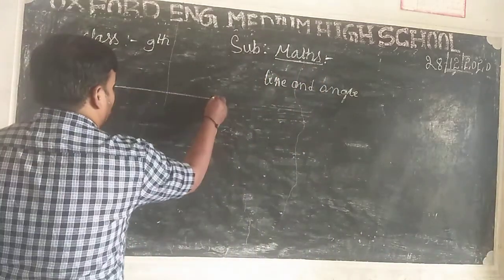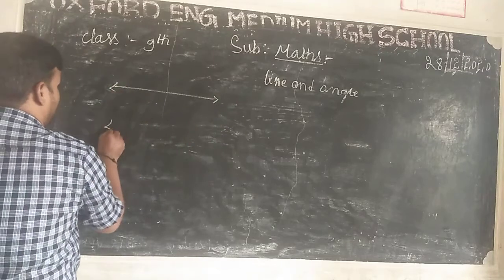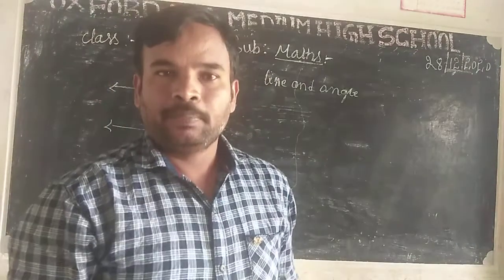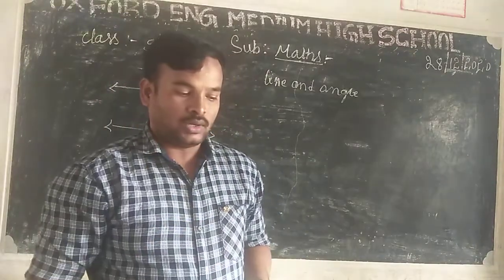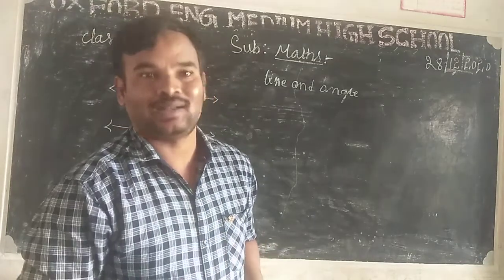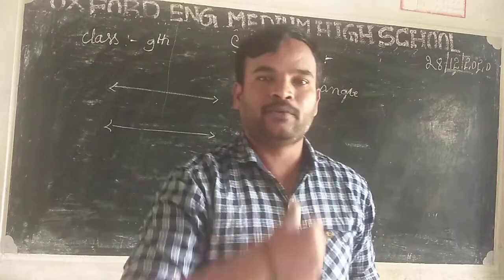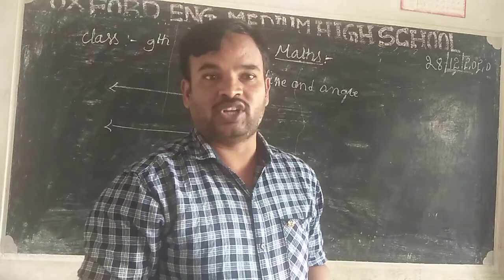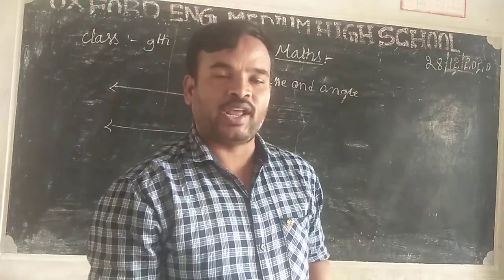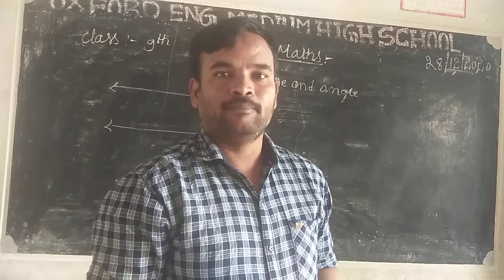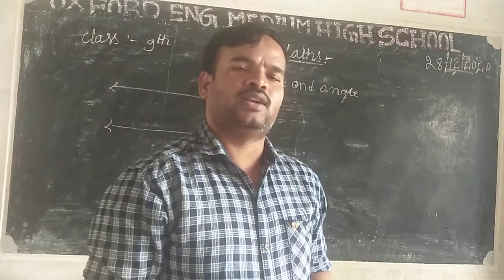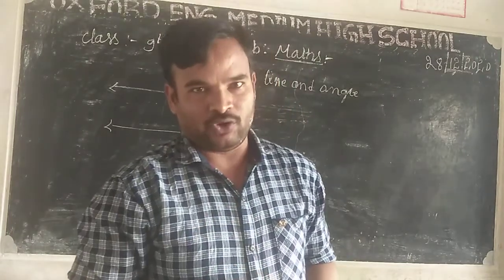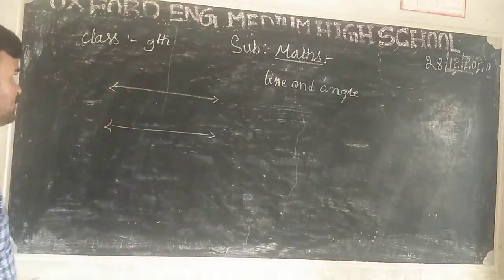Listen friends, you already know parallel lines and transversal lines: how to draw parallel lines, how to draw the transversal line, and how to identify angles like vertically opposite angles, interior alternate angles, exterior alternate angles, and linear pairs of angles. So according to that, this parallel line sum is given.